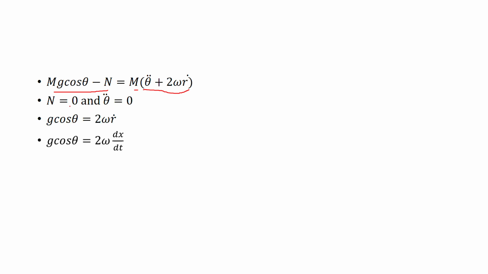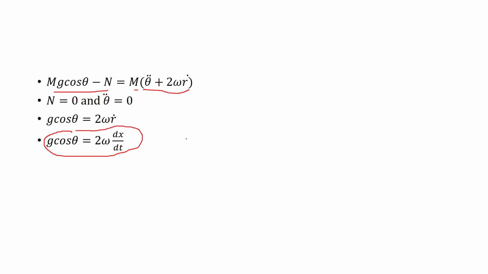When we substitute this value of N and theta double dot as 0, we obtain g cos theta equals 2 omega r dot, which is the same as the previous one where we derived this equation using net torque equals rate of change of angular momentum, and here we have obtained it by using a rotating frame of reference. So g cos theta equals 2 omega dx by dt.